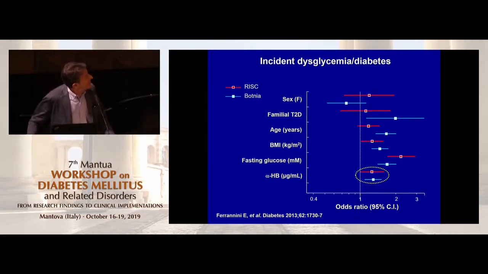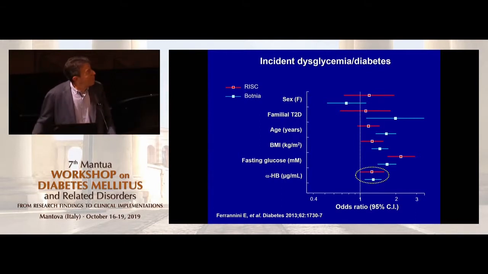And much to my surprise, as you can see, independently of gender, familial history of type 2, age, BMI, and even fasting glucose, which are the typical predictors of incident dysglycemia or diabetes, there was an independent predictivity of these levels of alpha-hydroxybutyrate for incident dysglycemia in both the RISC study, which were healthy Europeans, and in the Botnia, which was a population based with an enrichment in family history of diabetes.